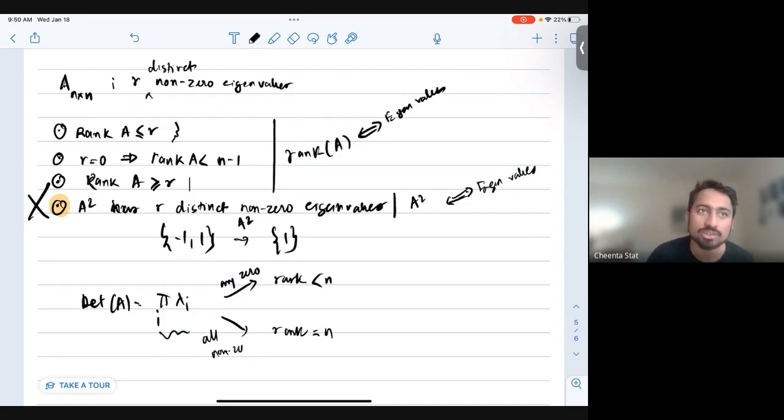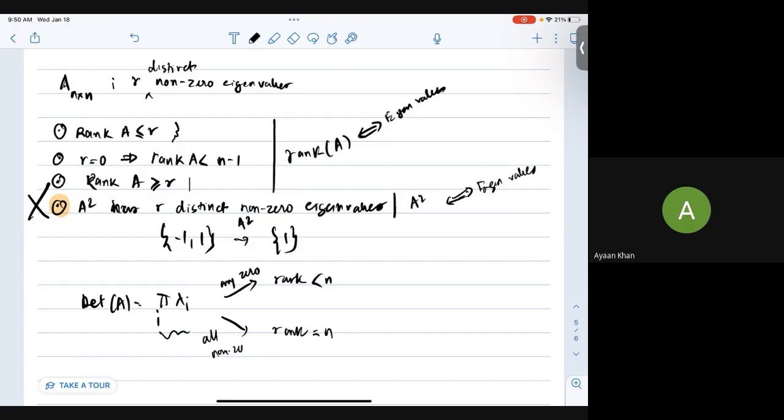If all the eigenvalues are 0, then is rank less than or equal to n minus 1? What do you think? If all of them are eigenvalue 0, then it's a nilpotent matrix.